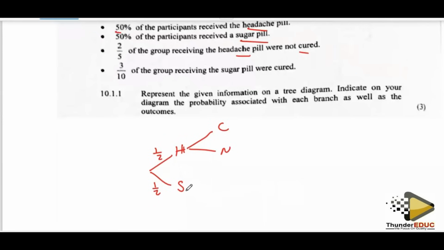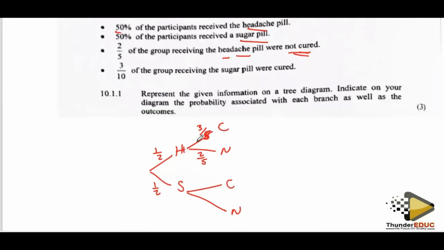And if you receive the sugar pill, it's either you're cured or you're not cured. So 2 over 5 of the group receiving the headache pill is not cured. So that's 2 over 5. What will be left here must be 3 over 5, because the branches must add up to 1, just like a half and a half gave us a 1.